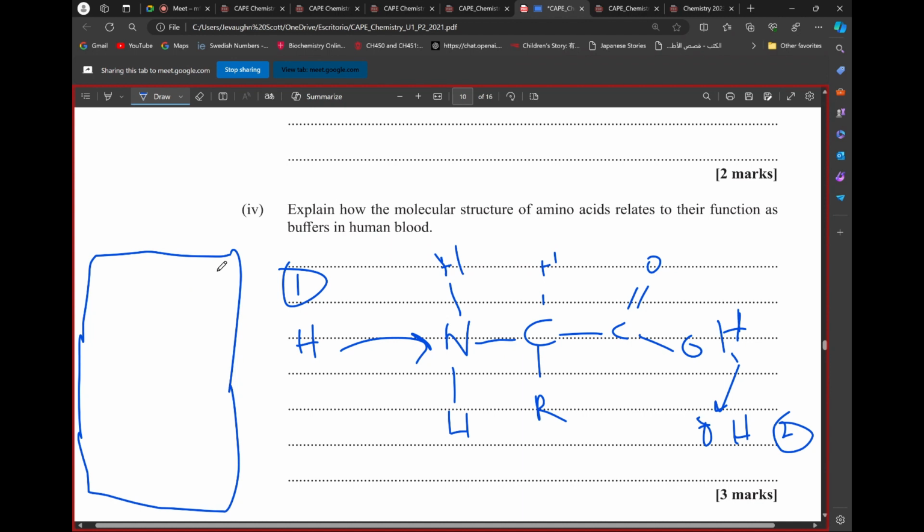In water, in natural conditions, they form zwitterions. The zwitterion exemplifies the fact that the amino acid can gain a proton to its amine group in order to reduce hydrogen ion concentration in a solution, or it can lose hydrogen from its carboxylic acid group to neutralize hydroxide into water. So it has two possibilities.